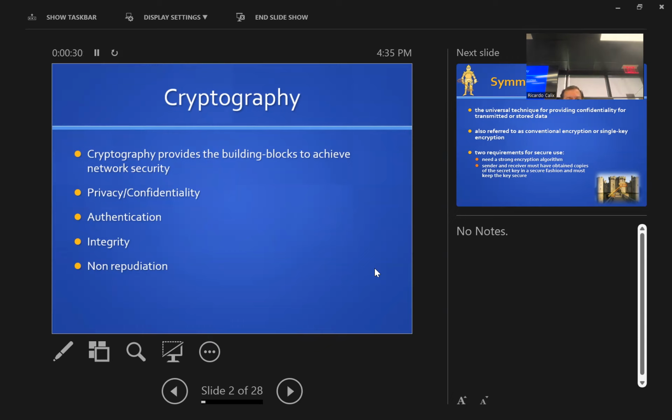Cryptography provides the building blocks to achieve security, network security, etc. We've looked at privacy and confidentiality with symmetric encryption. We haven't looked at authentication or non-repudiation, but those are coming up. And then we've looked at integrity. That's basically the idea of hashing.